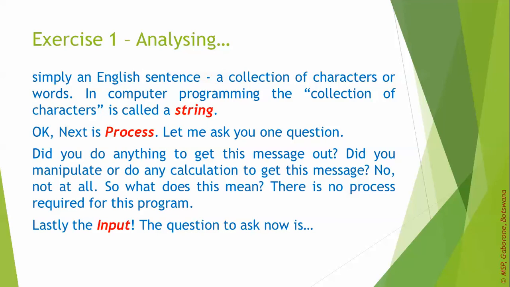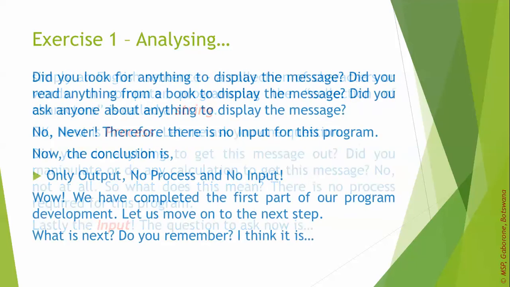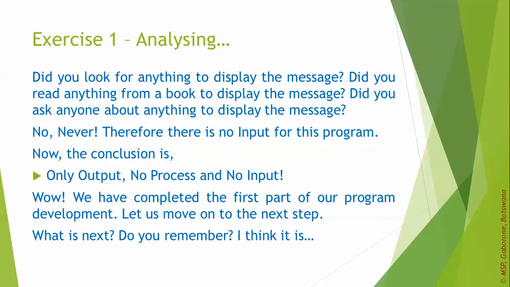Okay, next is process. Let me ask you one question. Did you do anything to get this message out? Did you manipulate or do any calculation to get this message? No, not at all. So what does this mean? There is no process required for this program. Okay. Lastly, the input. The question to ask now is, did you look for anything to display the message?